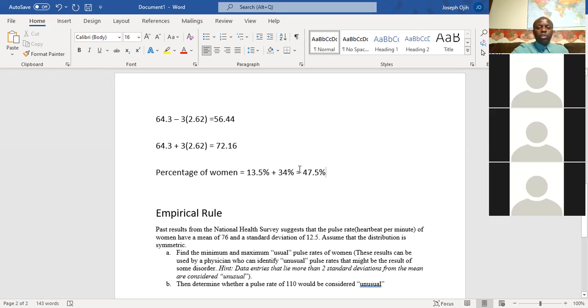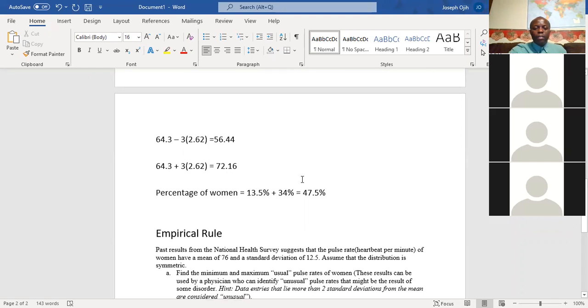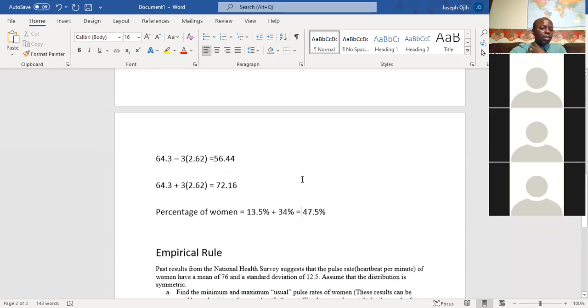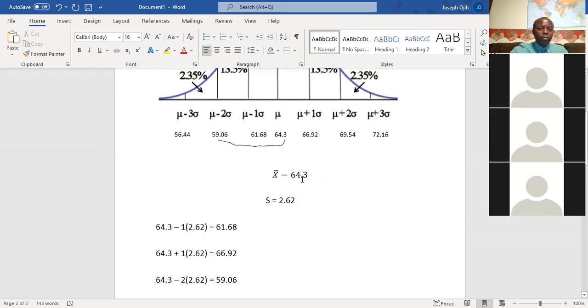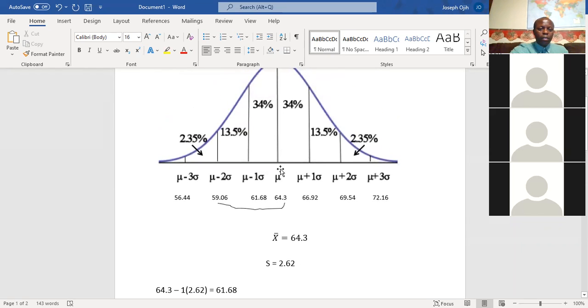Any question? You made that 34, 35, or? How do I get it? No, not how do you get it. When you were doing the calculation, did you just do 13.5, 34, or 35? Because right here, 34, right? It was my eyes. I was just making sure. Remember you said from 59.06 to 64.3.